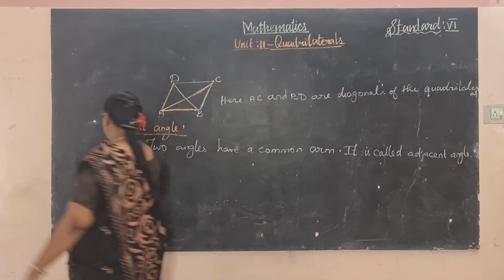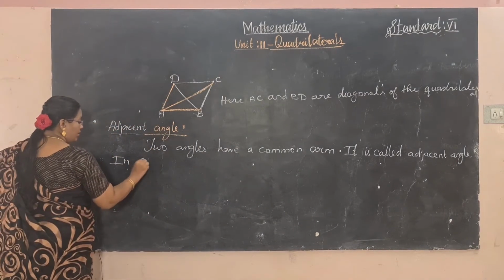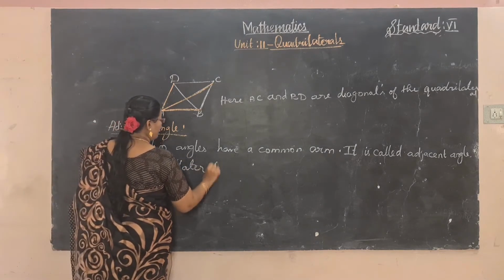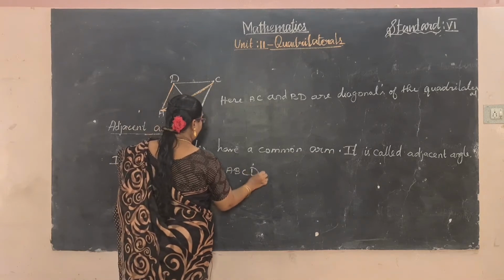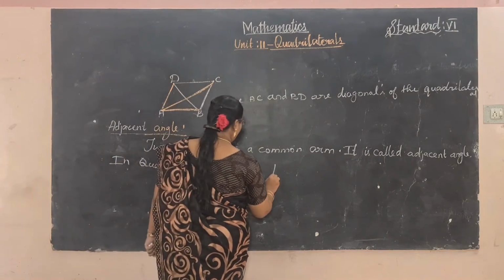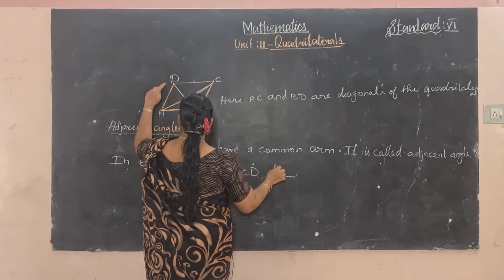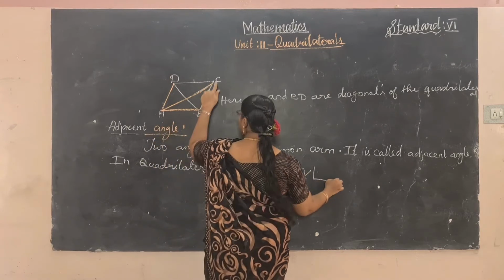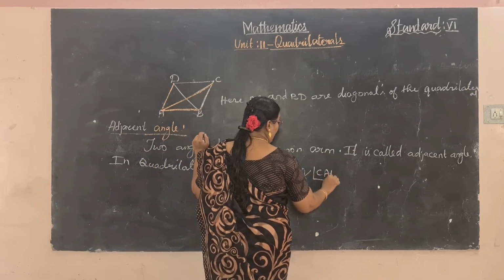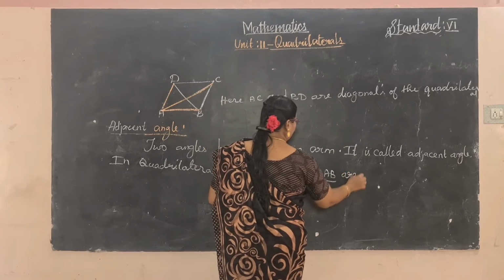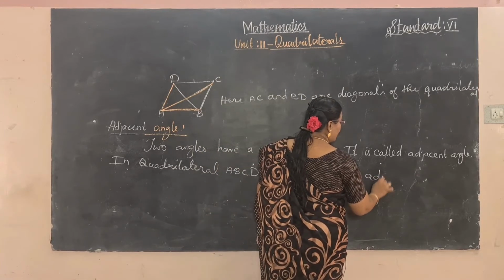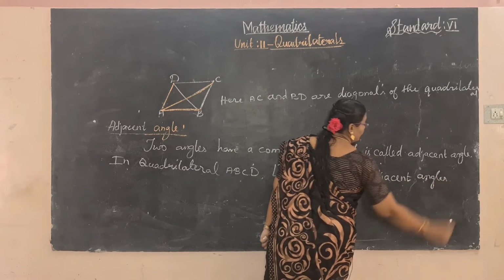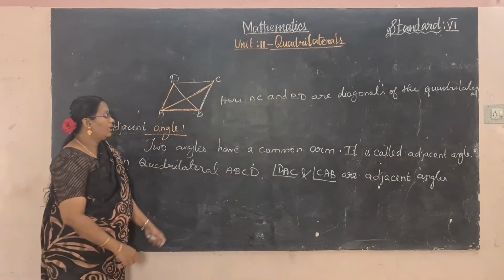In quadrilateral ABCD, angles DAC and CAB are adjacent angles. Are you clear this concept?